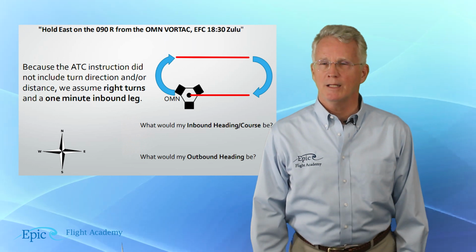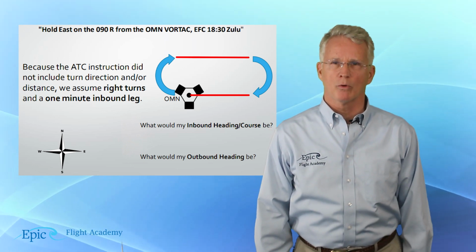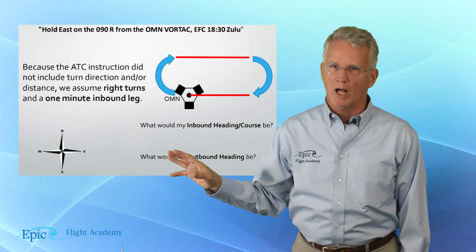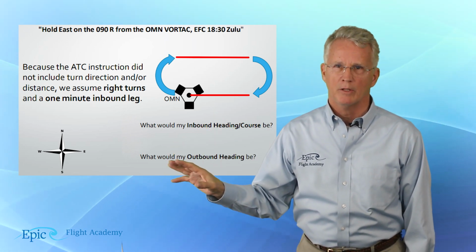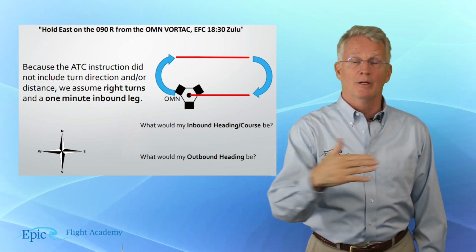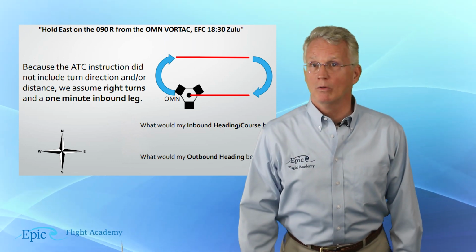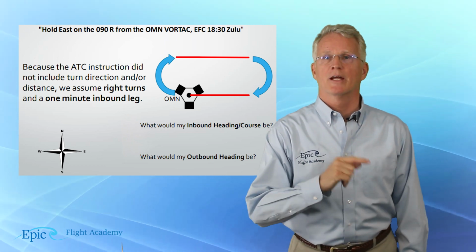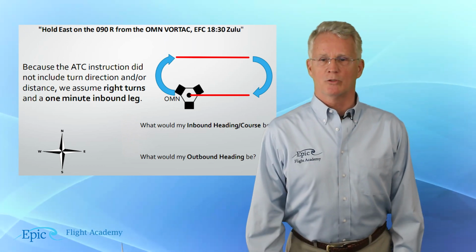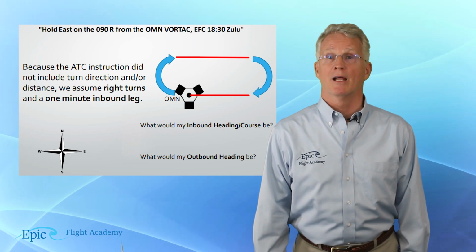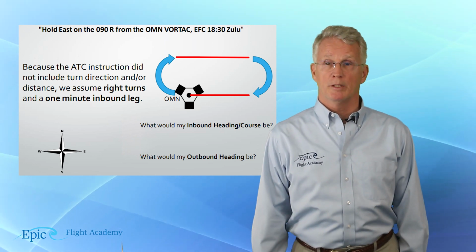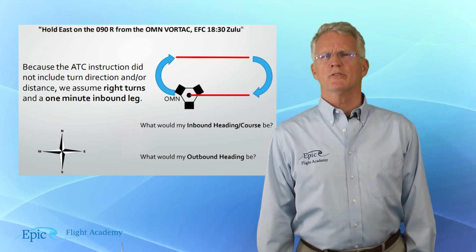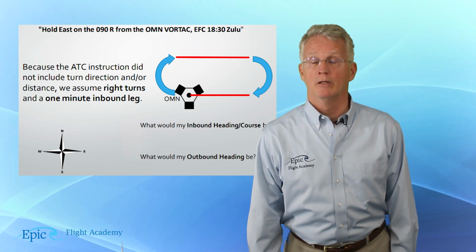And what would my inbound heading or course be to the Vortac? Remember, we're holding east on the 090, and the inbound path of my holding pattern is always to the Vortac. That's correct. My inbound course would be 270. My outbound course would be 090.